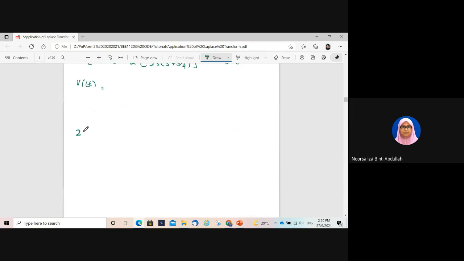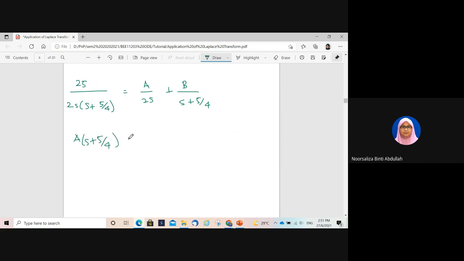So you have here 25 over 2S plus 5 over 4. Okay, so pecahan separanya adalah A over 2S plus B over S plus 5 over 4. Okay. Then A times S plus 5 over 4 plus with B times 2S equals to 25. Okay.